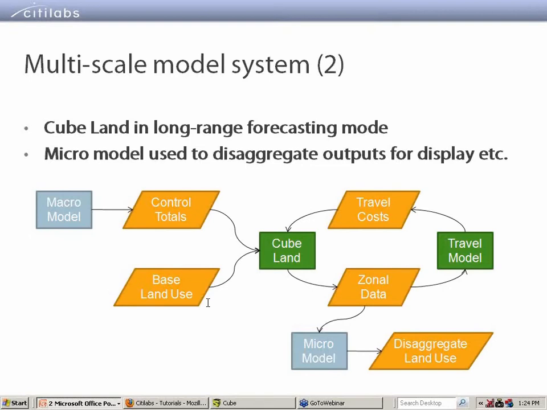The idea in Cubeland is that you produce this equilibrium at the level of the dominant effects, so you synthesize most of the information at a certain level.